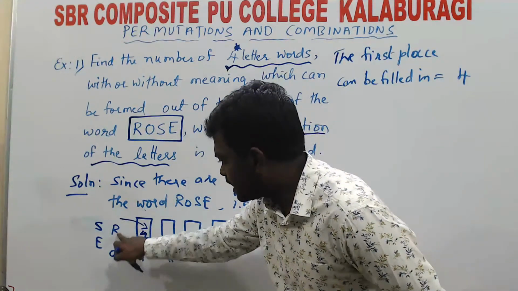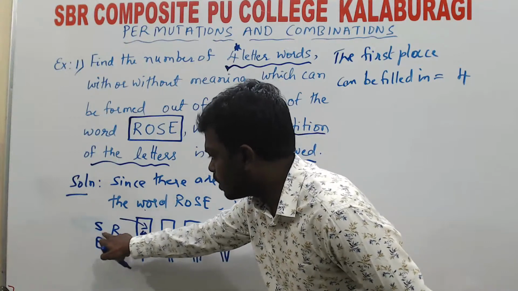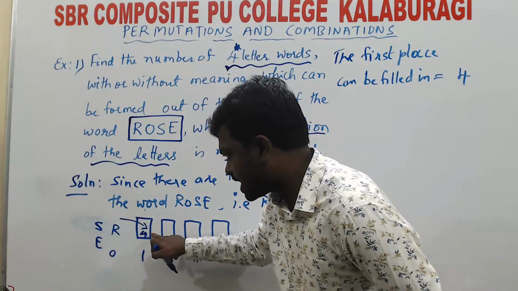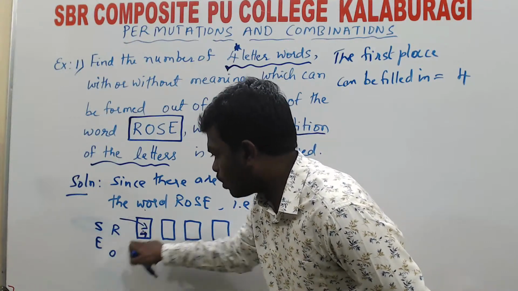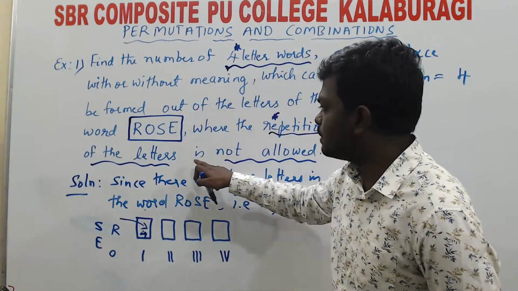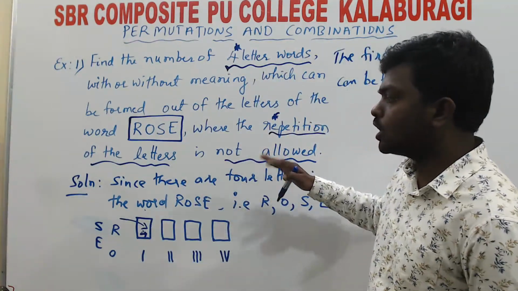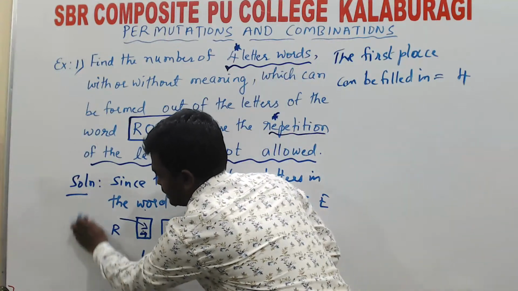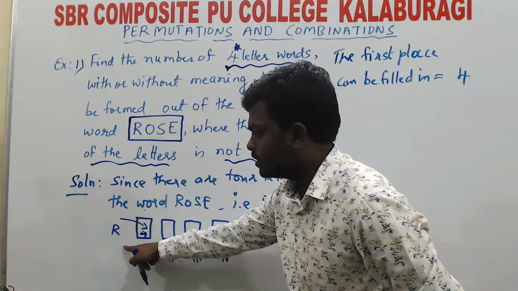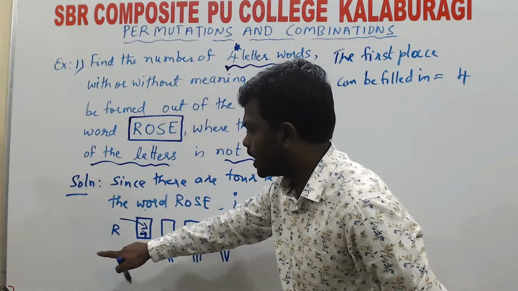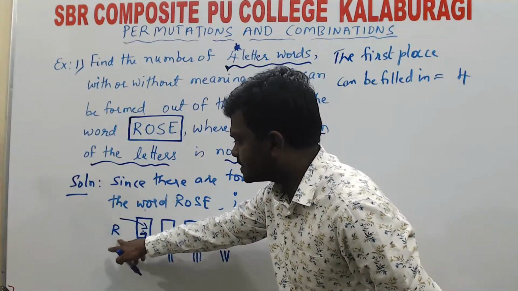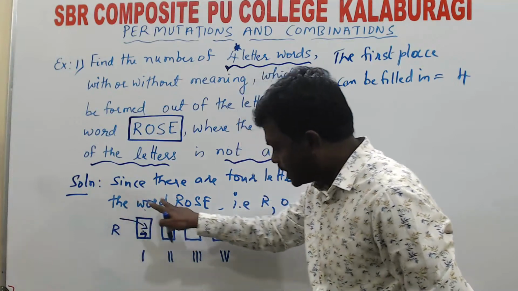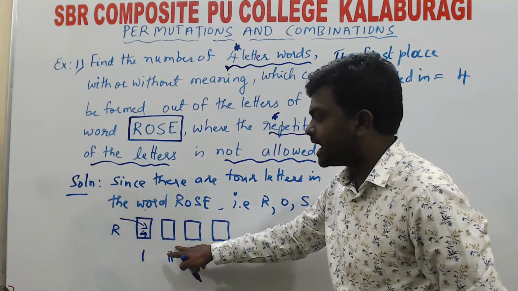Now one more condition is that repetition of the letters is not allowed. So either R will go into the first place, or S, or E, or O. Let's suppose we have started the word with R. Don't worry, you can even start with S. It means we cannot repeat R again in the second place.